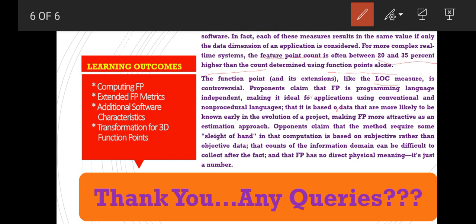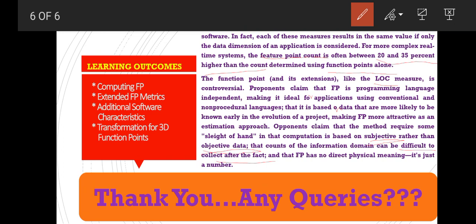The opponents claim that the method requires some sleight of hand, because the computation is based on subjective rather than objective data. The counts of the information domain can be difficult to collect after the fact, and hence FP has no direct physical meaning.